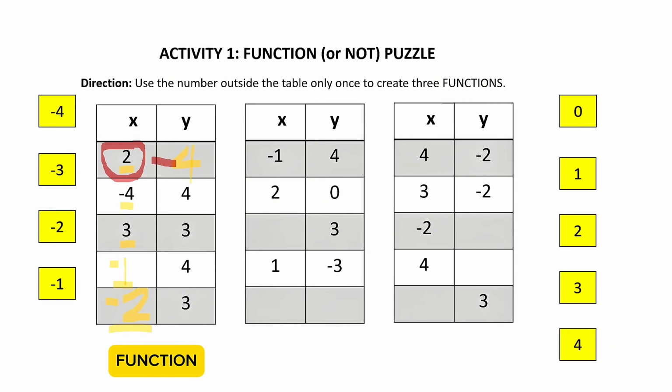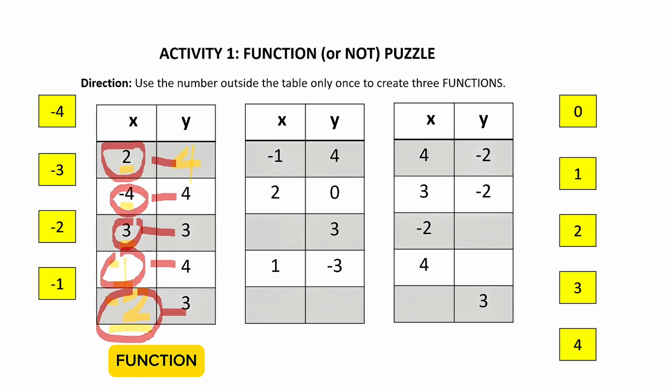Okay? -4 produces 4. -1 produces 4. Also, 3 produces 3 and -2 produces 3. Okay? So again, this is a function, a many-to-one correspondence.